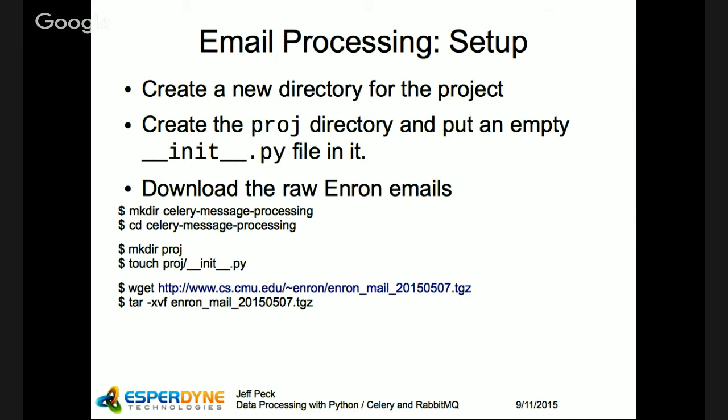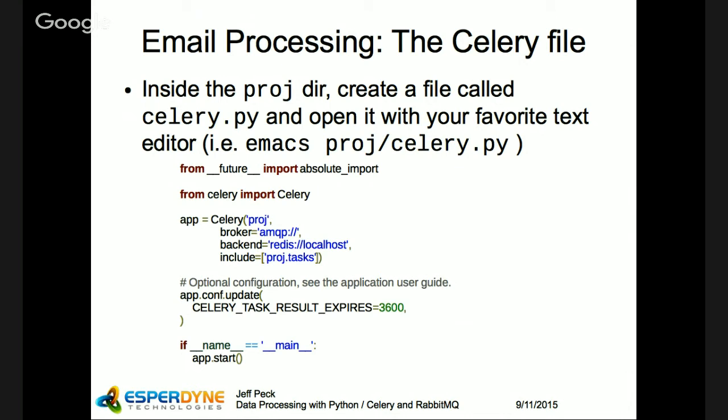So we start. This is the Celery file. This is kind of like the thing that pulls everything together and lets Celery know its surroundings. This is where you would do things like set up serializers and the like. So you import the Celery library. This is where we tell it that this proj directory is important. The broker is AMQP.